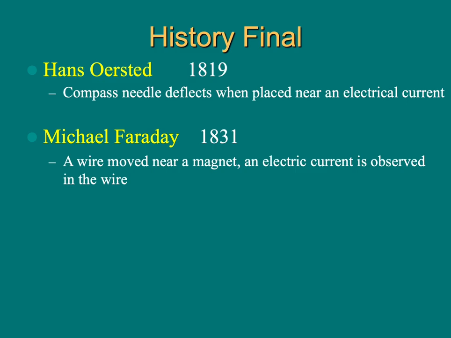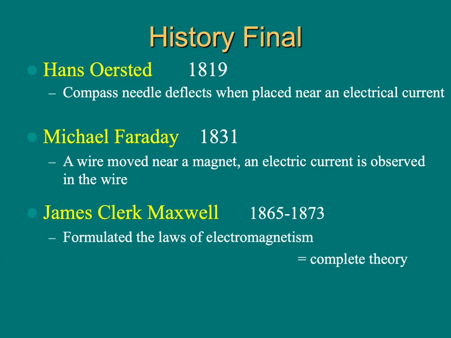Michael Faraday found out a changing magnetic field can give us electric current. And James Maxwell summarized everything about electromagnetism in 4 equations, which give us a complete theory of electromagnetism. So we can solve any problem with those 4 equations.